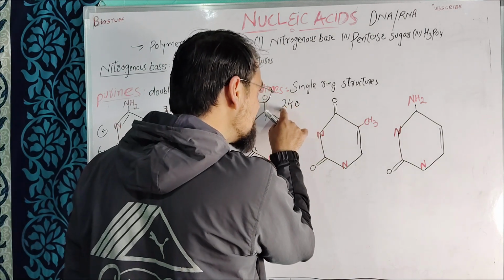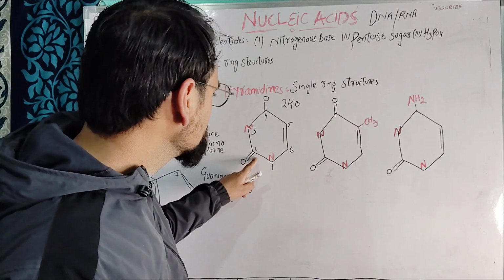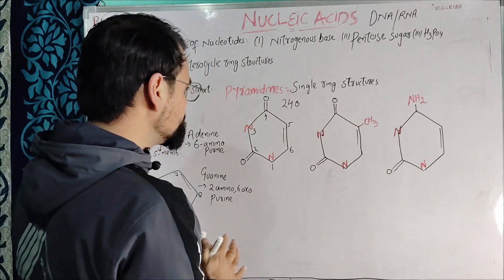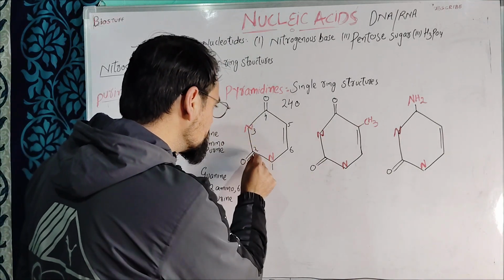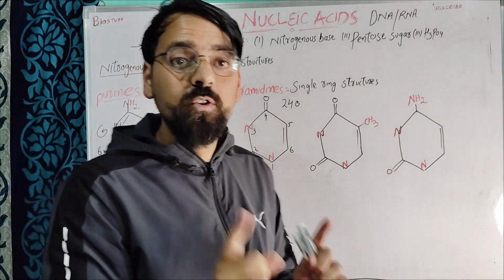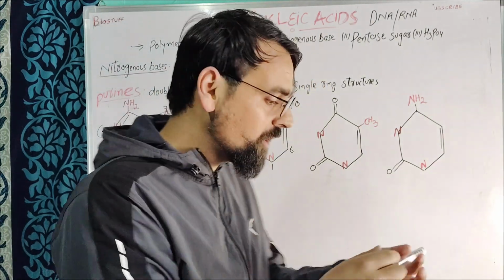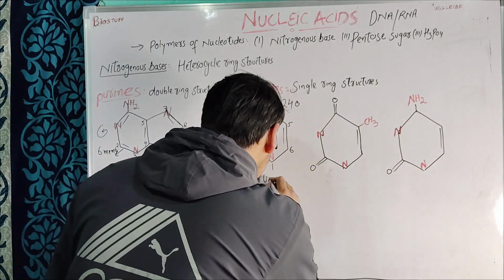So O is present at position number 2 and position number 4. So what could be the possible nomenclature? 2,4-dioxypyrimidine. So 2,4-dioxypyrimidine is called uracil. So this is uracil.